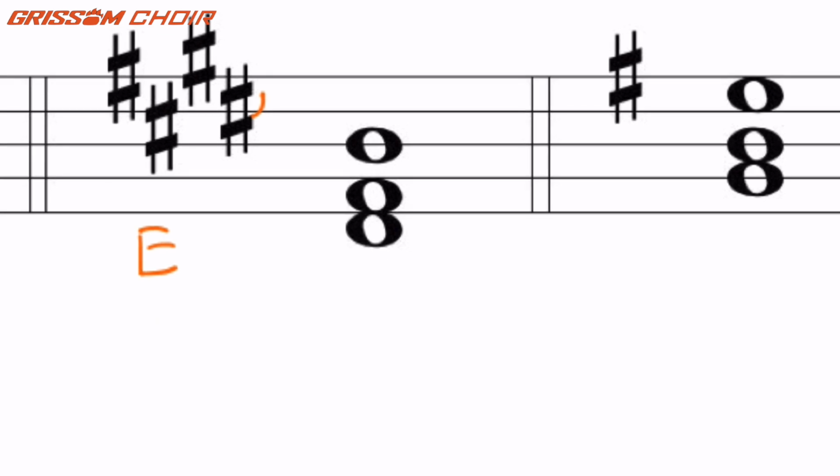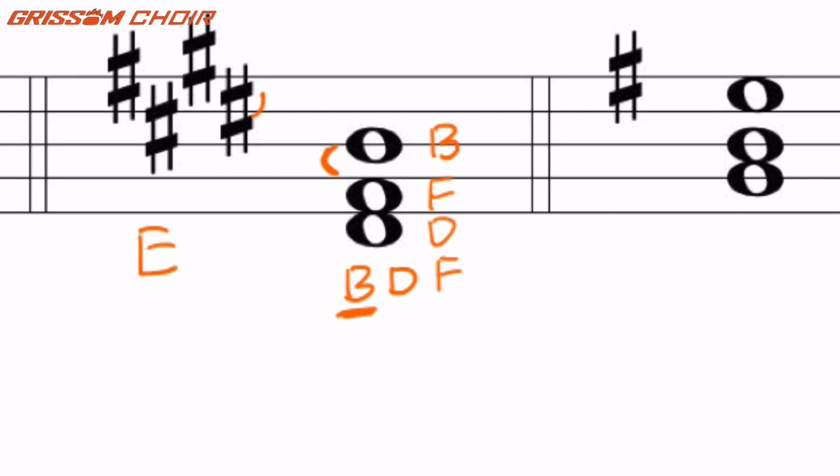These notes that are written down are B, F, and D. Now, based on where this gap is and our knowledge of the line, space rule for the triads, we can figure out that the root of the chord is B, and then it would be D and F. So B is the root of the chord.